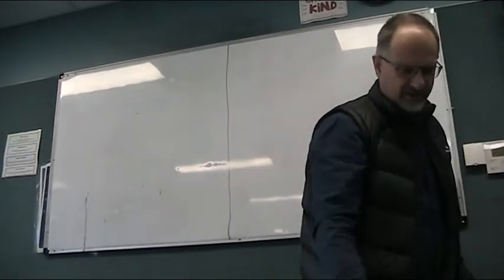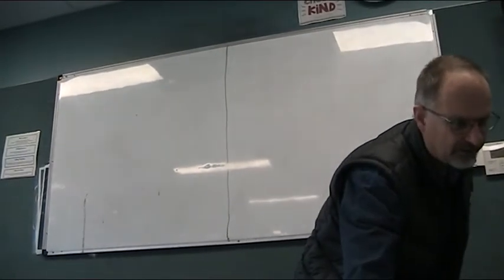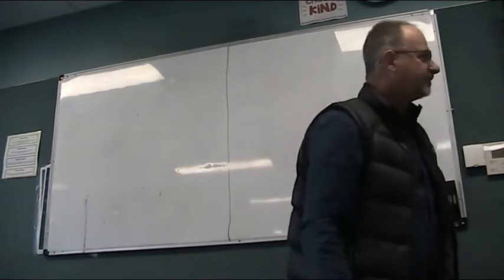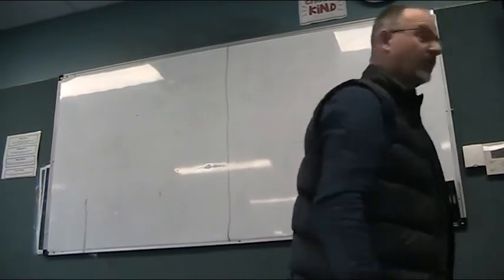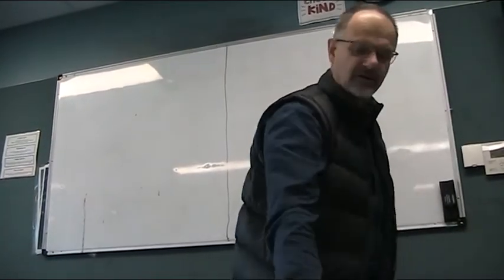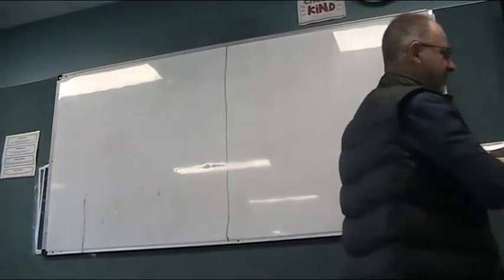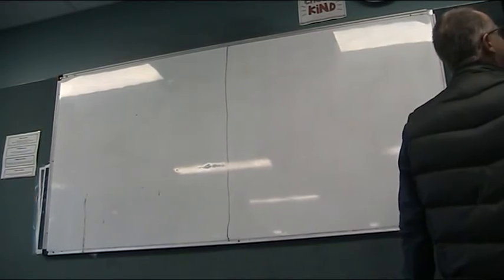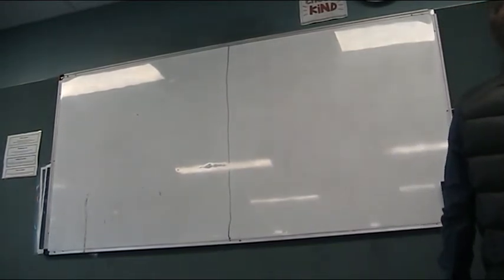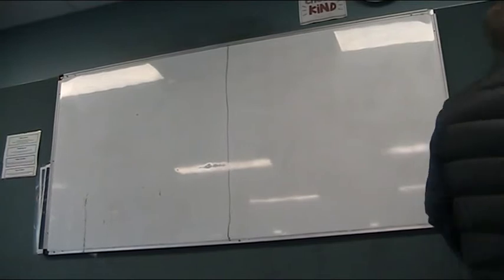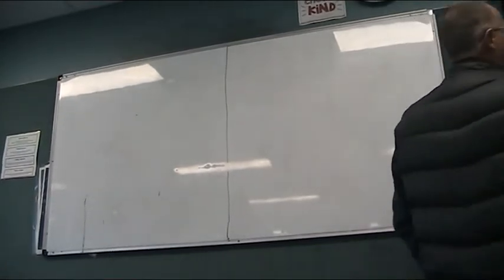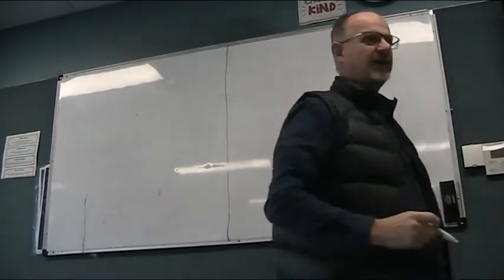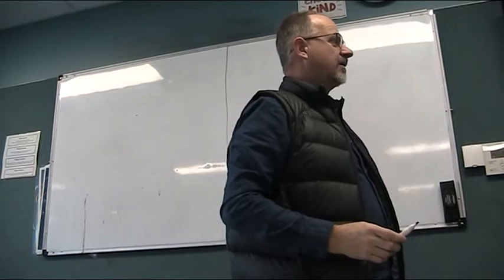Alright, parallel vectors. If vectors are parallel, then they've got to point in the same direction, or the opposite direction. So I've got some vectors, for example. I'll just draw some. It's vector A, this one, vector B. They're parallel, but I could also have a vector C that would also be parallel.